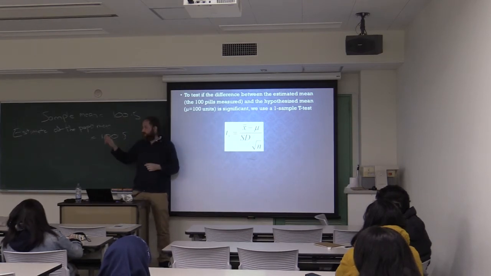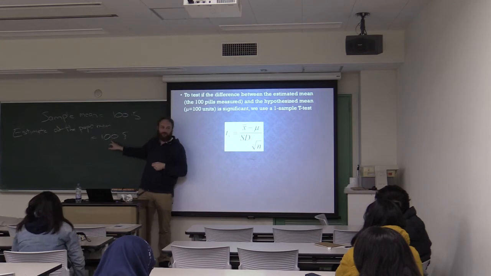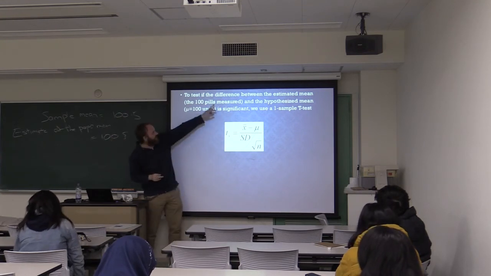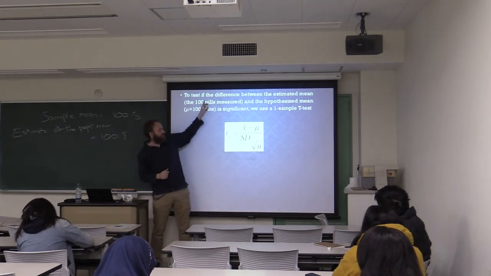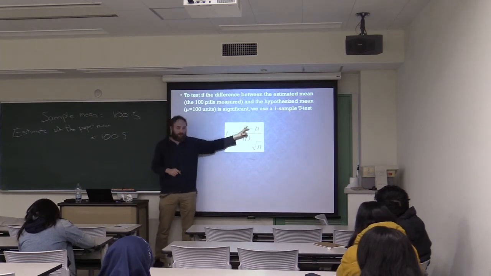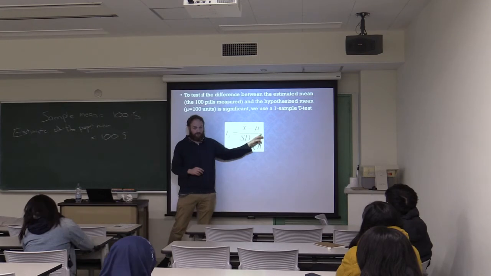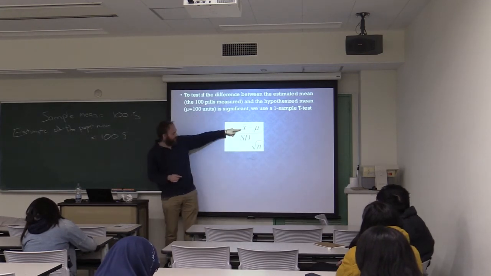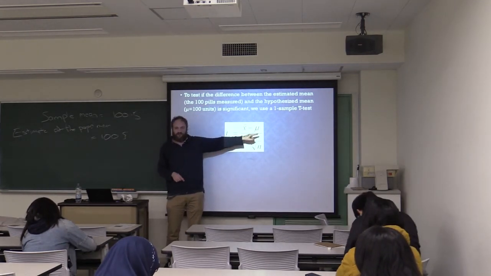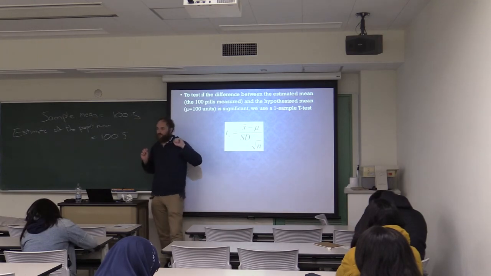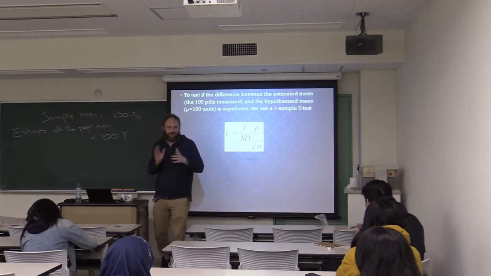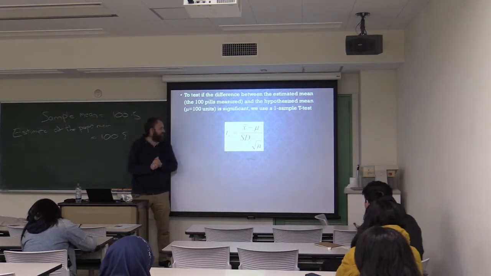But this sample mean is also an estimate of the population mean. So our estimated mean, 100 pills measured, X bar. Hypothesized mean, mu, 100. 100.5 minus 100 gives us a value of 0.5.